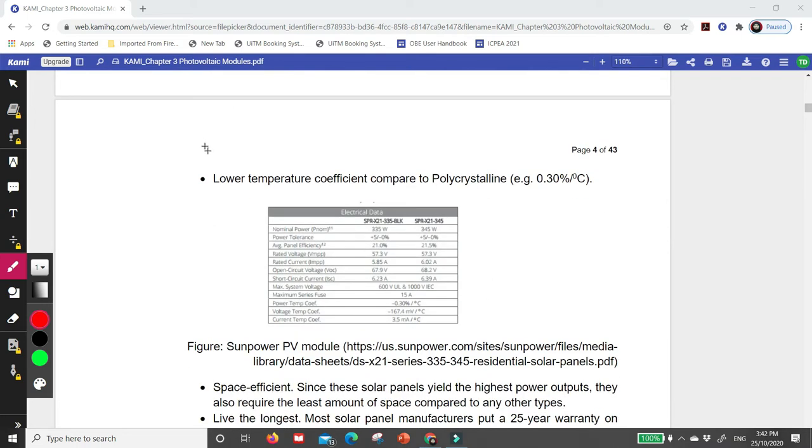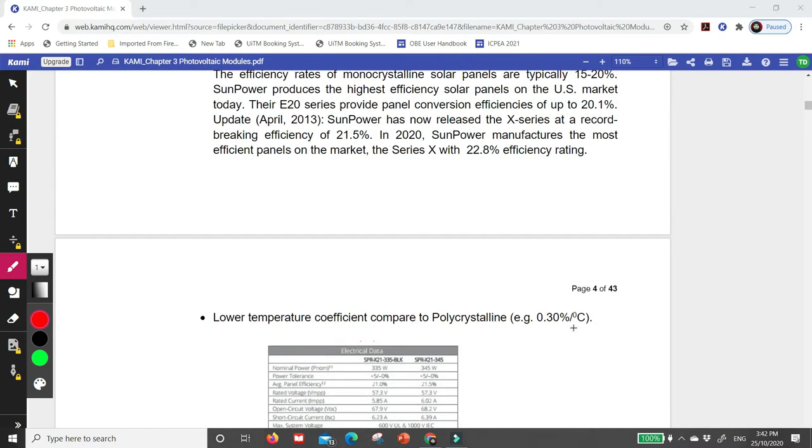For monocrystalline, the temperature coefficient is lower compared to polycrystalline, under standard test conditions. Example here, the lower temperature coefficient is 0.30% per degree Celsius. What does it mean by 0.30% per degree Celsius?